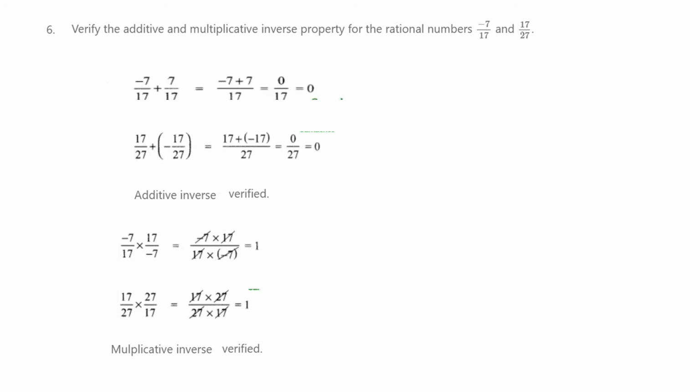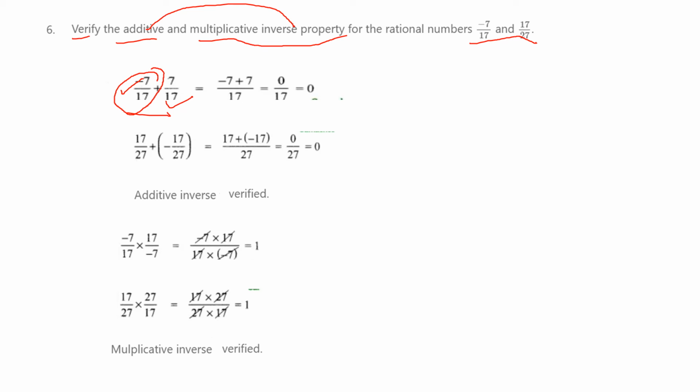Verify the additive and multiplicative inverse property for given rational numbers. So first let us see additive inverse. Additive inverse means whatever the rational number, if it is plus then minus is the additive inverse. So here you take minus 7 by 17, means plus 7 by 17 is additive inverse. How to verify?